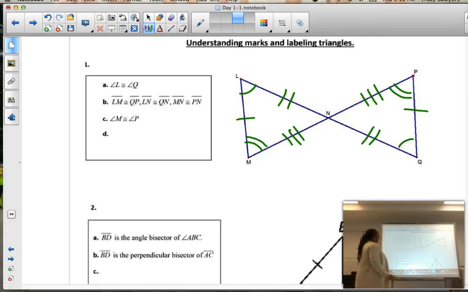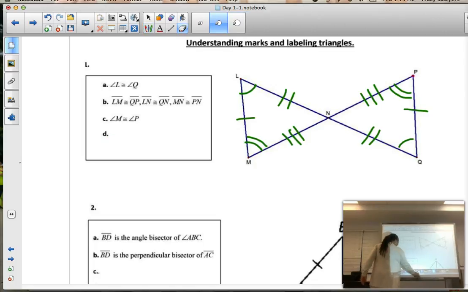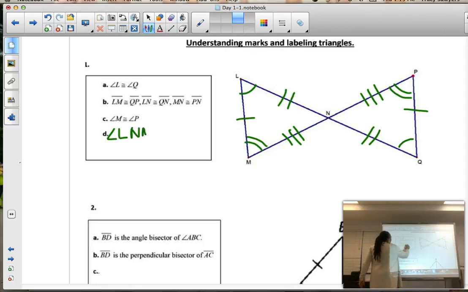Angle LMN is congruent to angle... Uh-oh. Why did I write this wrong? Sorry, let's start over. Angle LNM is congruent to angle PNQ. Why can Ziamara say that?